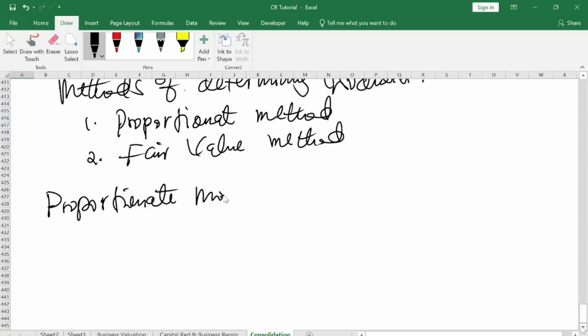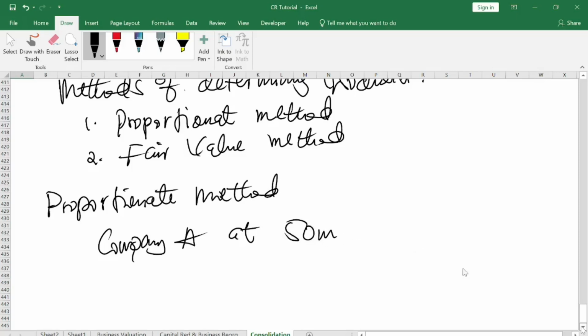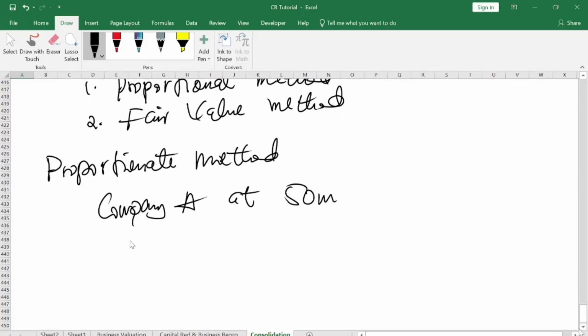At which point do we use the proportionate method? When company A, the parent, acquired company B. Watch me here. Maybe company A acquired company B at 50 million. That's the acquisition. After the acquisition, the parent owns 60%, and the subsidiary is 40%, right?